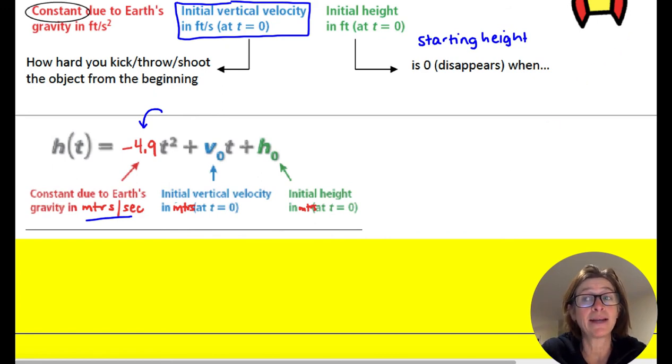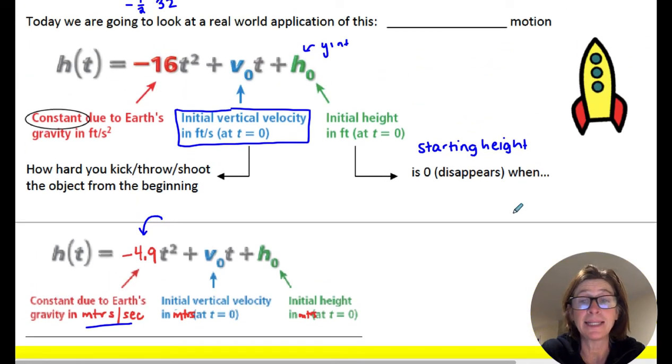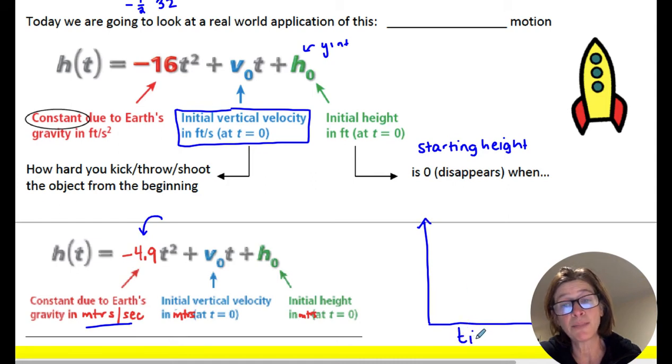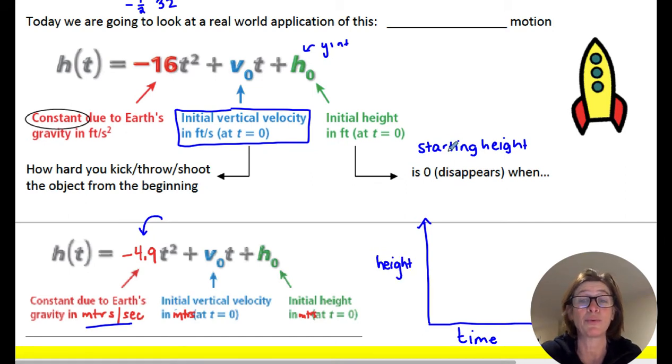Well, anytime, we're going to go back to the basics. Anytime we are talking about a word problem, I have suggested sketching it out is going to be really important, just to give you an idea of what we're asking you for. So in these problems, time will always be on the x-axis, and height will always be on the y. And you've probably already seen that in the examples that we've done.